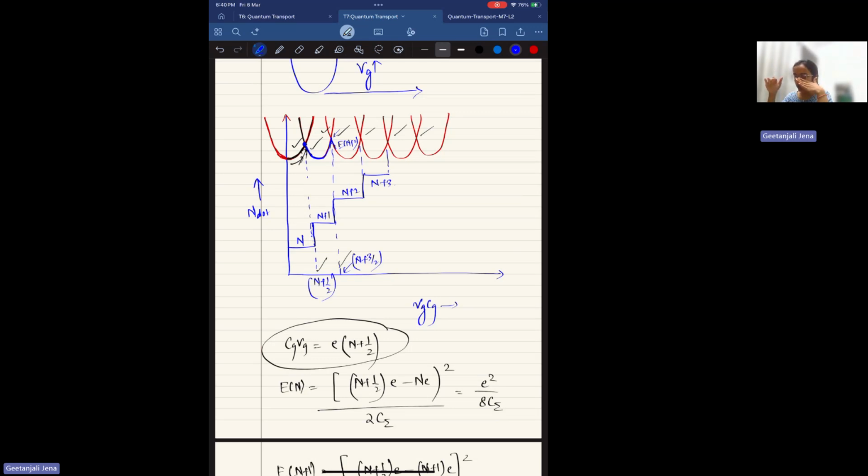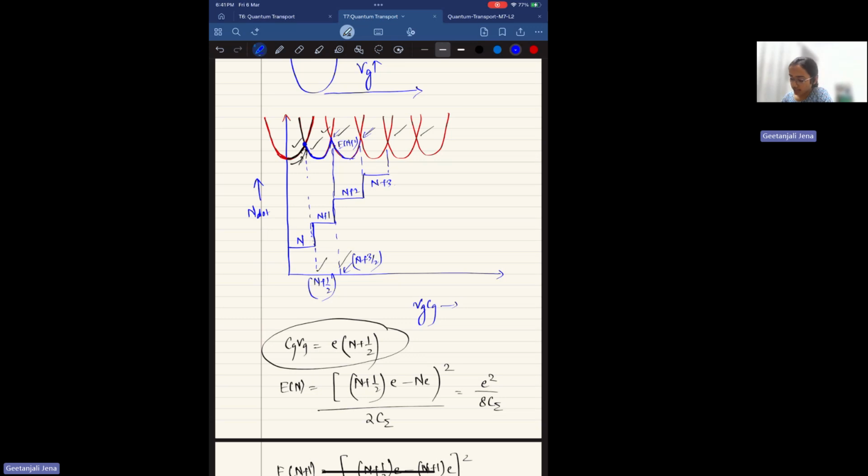So tunneling will occur at n plus 3 by 2. After that, the electron will stay in the n plus 2 state until the next parabola at the touching point n plus 5 by 2. This process will repeat one by one.